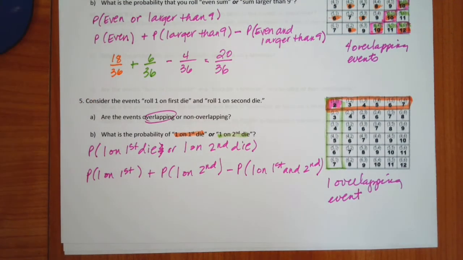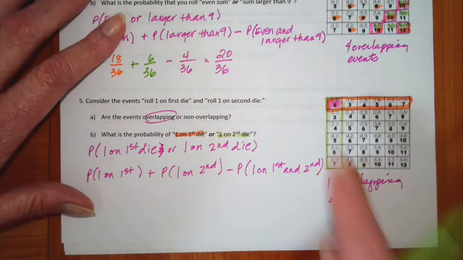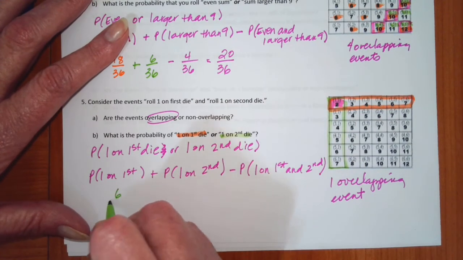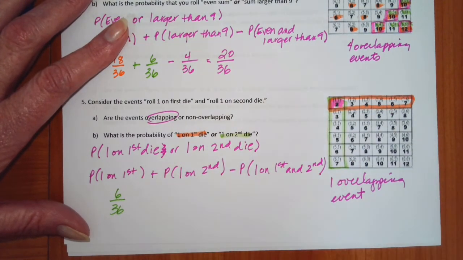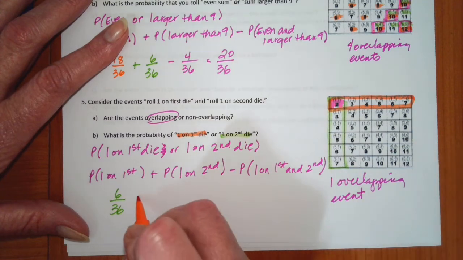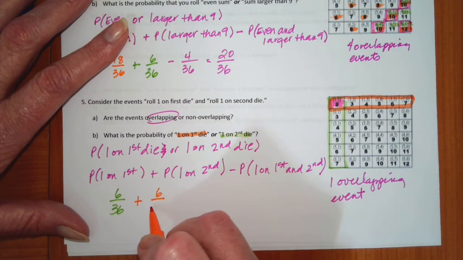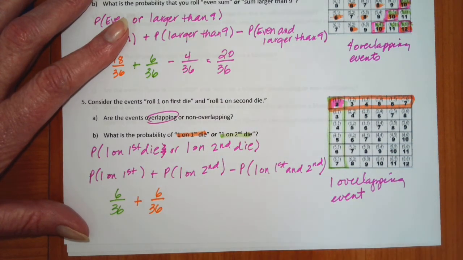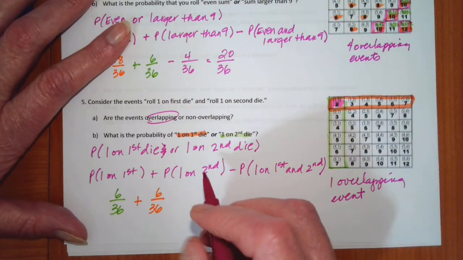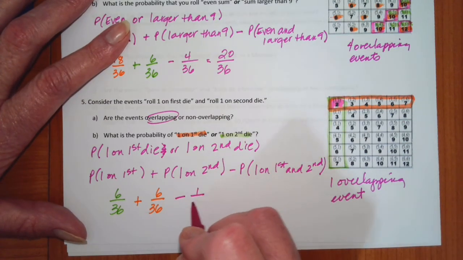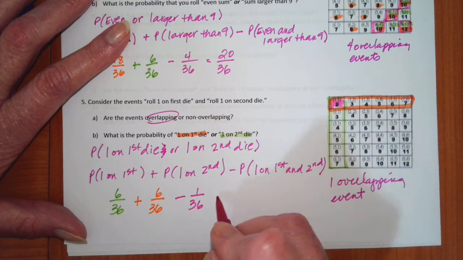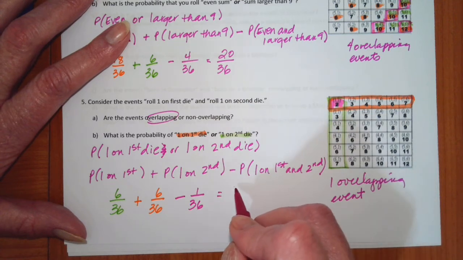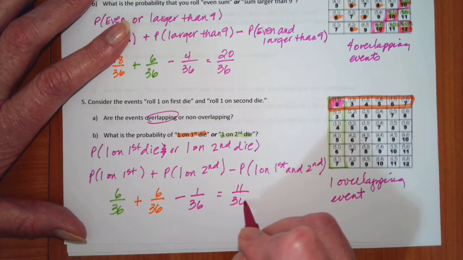The probability of 1 on the first is 6 out of the 36 possible outcomes. On the second, there are 6 out of the possible 36 outcomes. And then we have to subtract out the 1 out of the 36, and that gives me 11 out of 36.